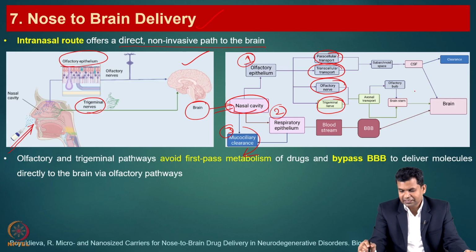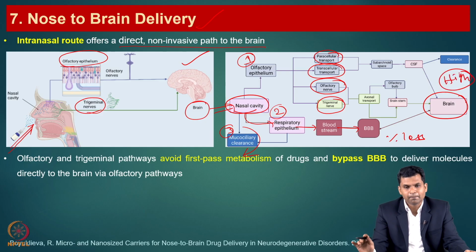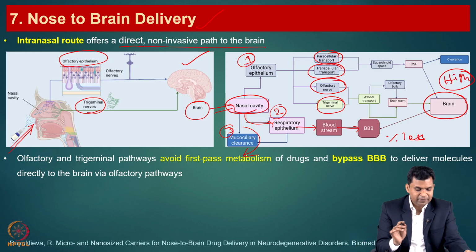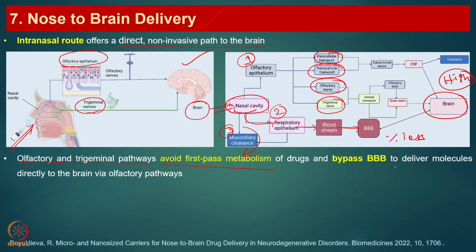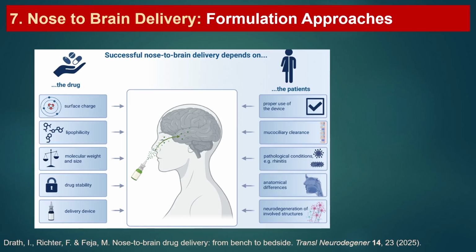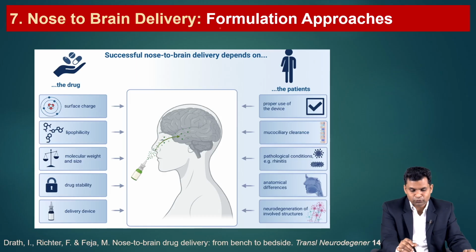And with this, it will enter into the brain, but the percentage via respiratory and then blood to brain is very less, and here you can expect a high amount of the drug in the brain target. So, by using the olfactory and trigeminal pathway, we can avoid the first pass metabolism, and also we can bypass the blood brain barrier problems.